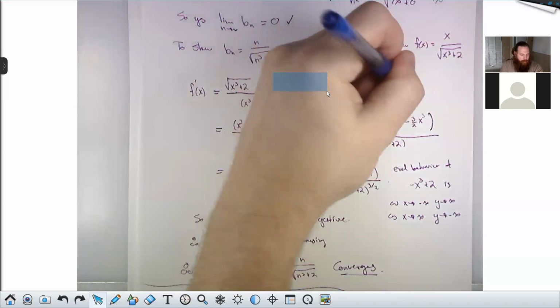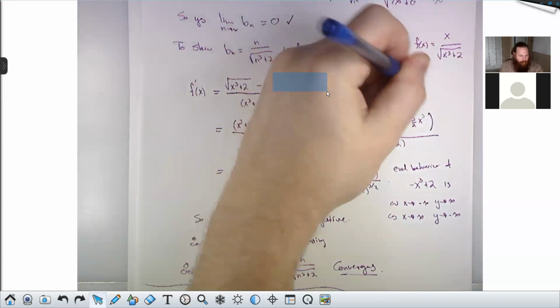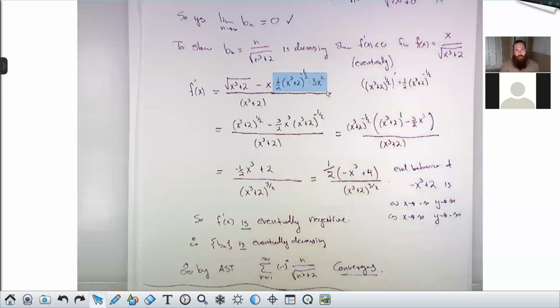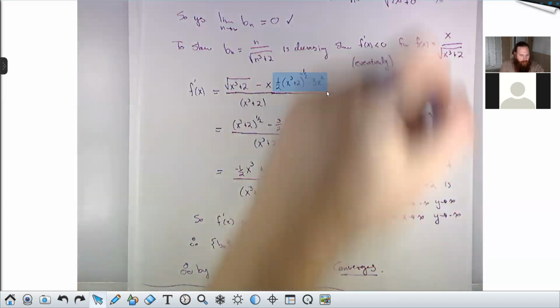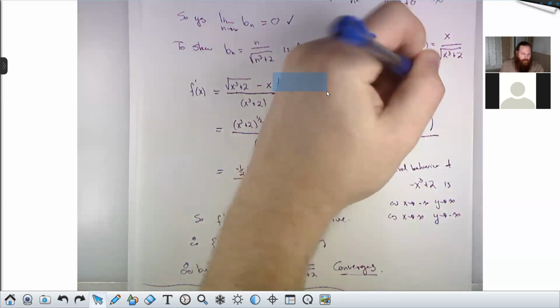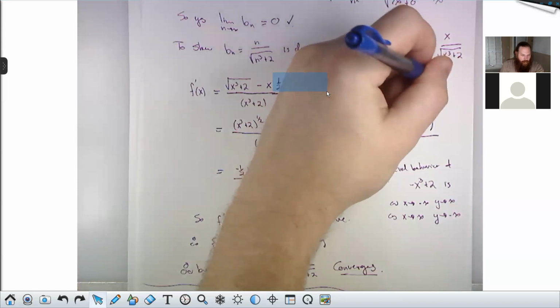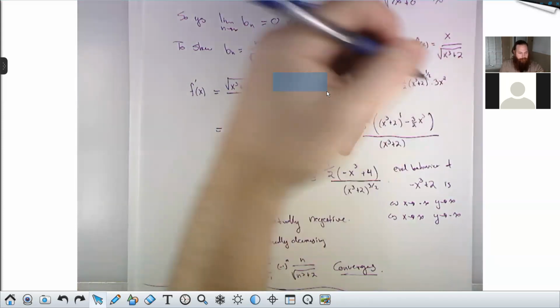That's a chain rule derivative. That's 1/2 times (x cubed plus 2) to the negative 1/2. There I'm differentiating the outer power, so I bring the power down and decrease the power by 1. And then I multiply by the derivative of the inside. The derivative of x cubed plus 2 is 3x squared.